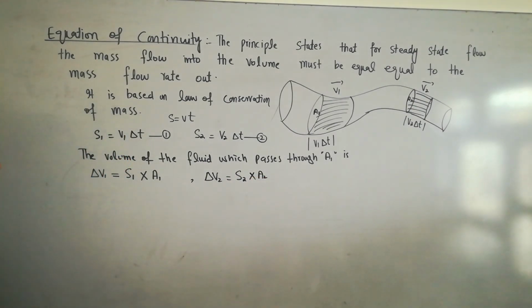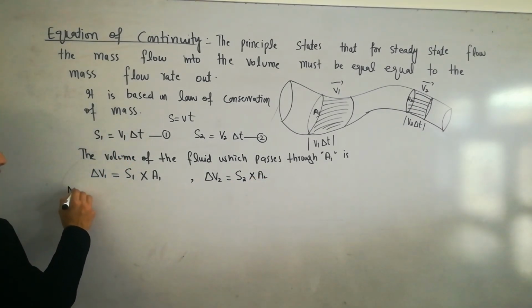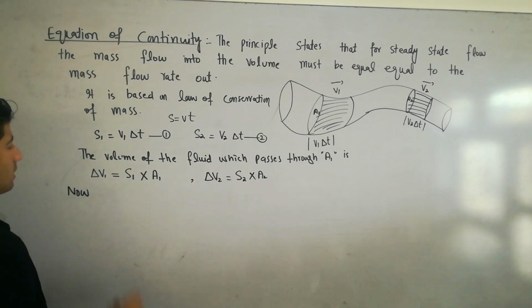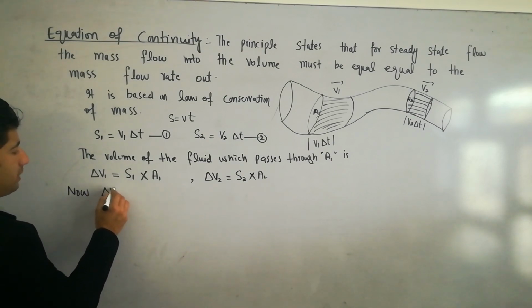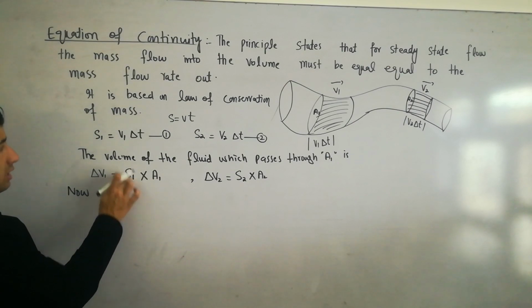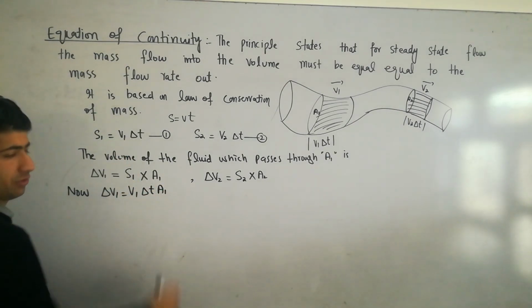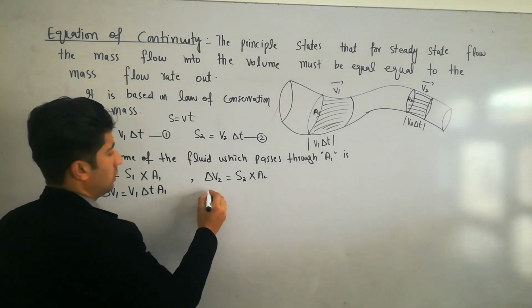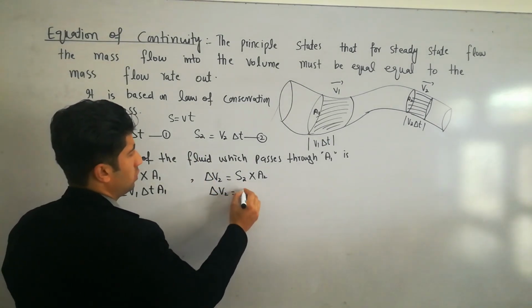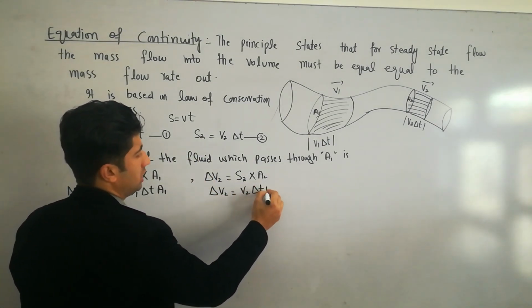Okay. Now delta V1: what is S1? S1 is V1 delta T, so delta V1 is V1 delta T A1. What is S2? Delta V2 is V2 delta T into A2.